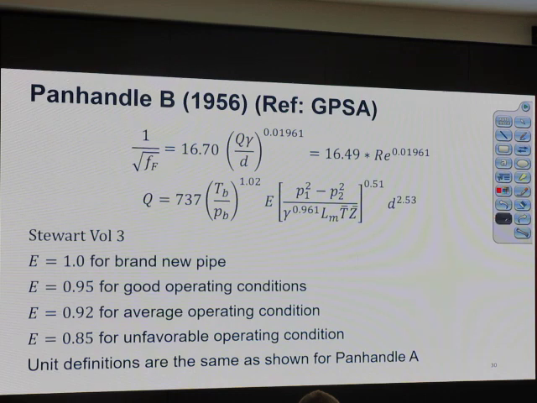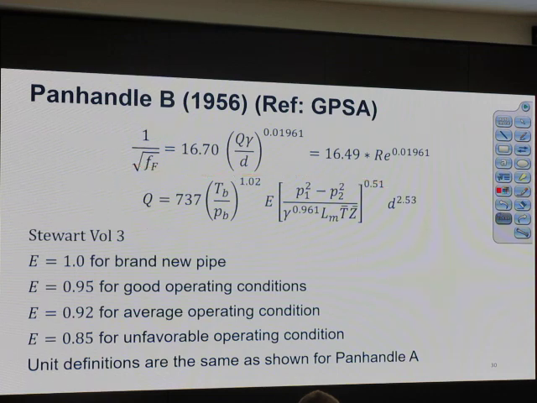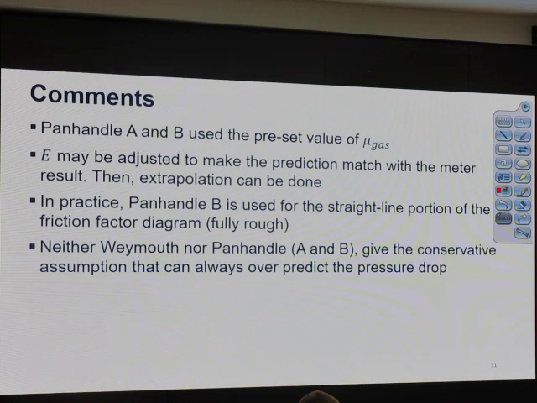Definition of unit is the same as Panhandle A. You write this too. There are many things to write, but we have 8 pages, right? Comment: parameters A and B use a preset value of mole gas. Do we have mole gas over here? No, it doesn't.